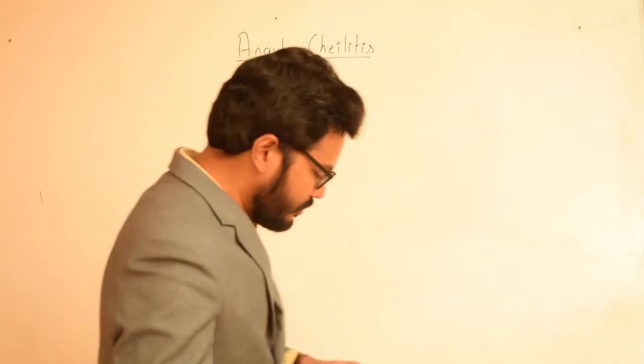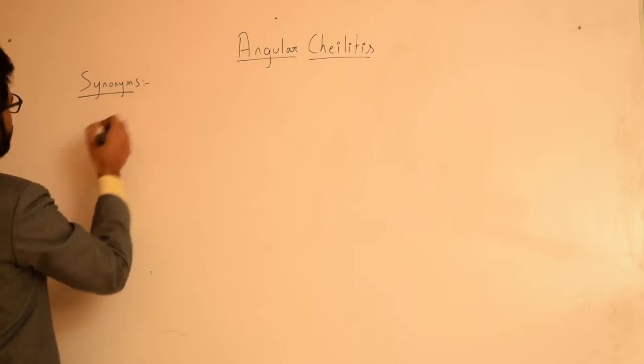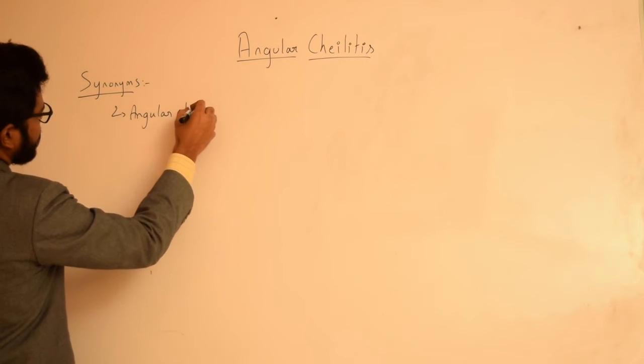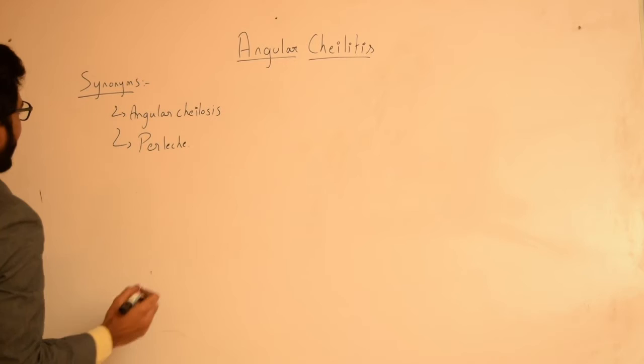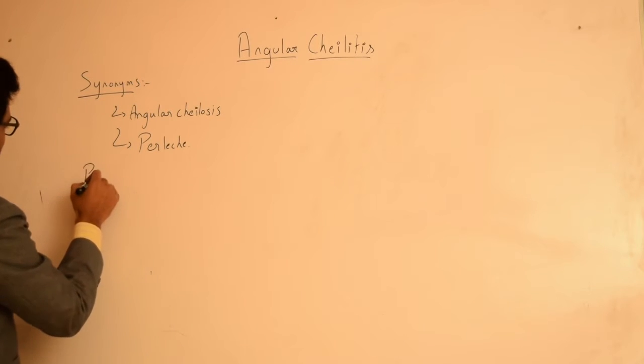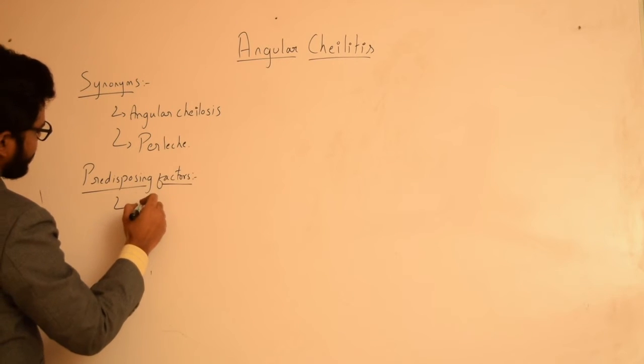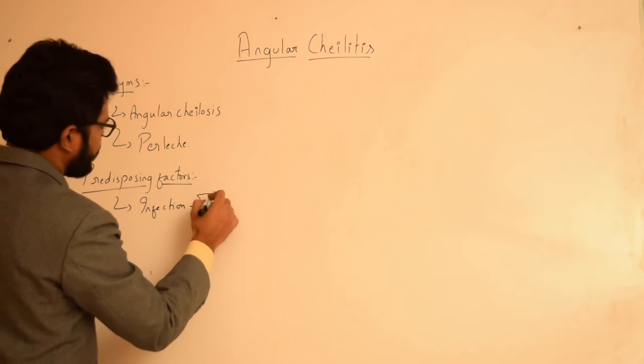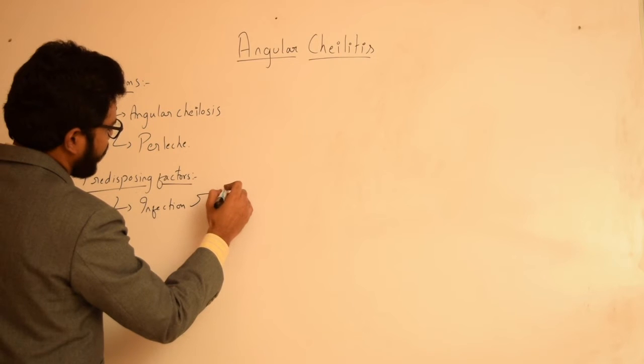Coming to the synonyms of angular cheilitis, it is also called as angular chelosis and perlèche. Coming to various predisposing factors, angular cheilitis can be because of infection. This infection can be of bacterial or fungal origin.